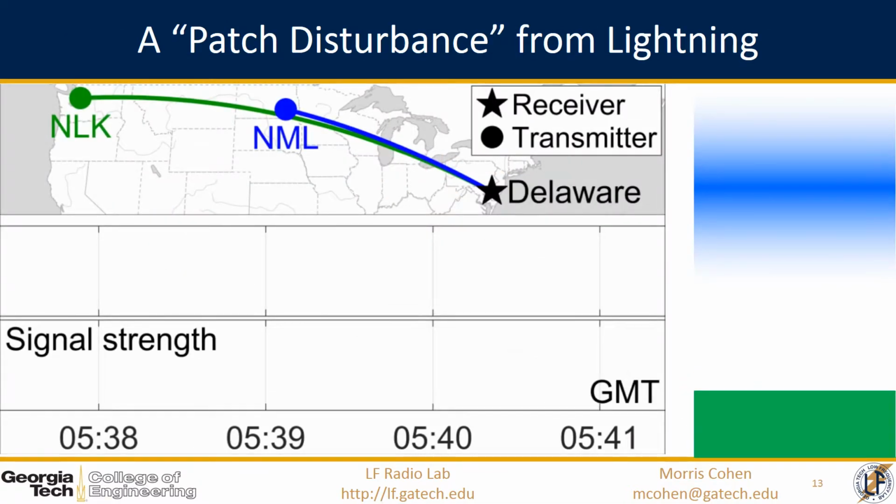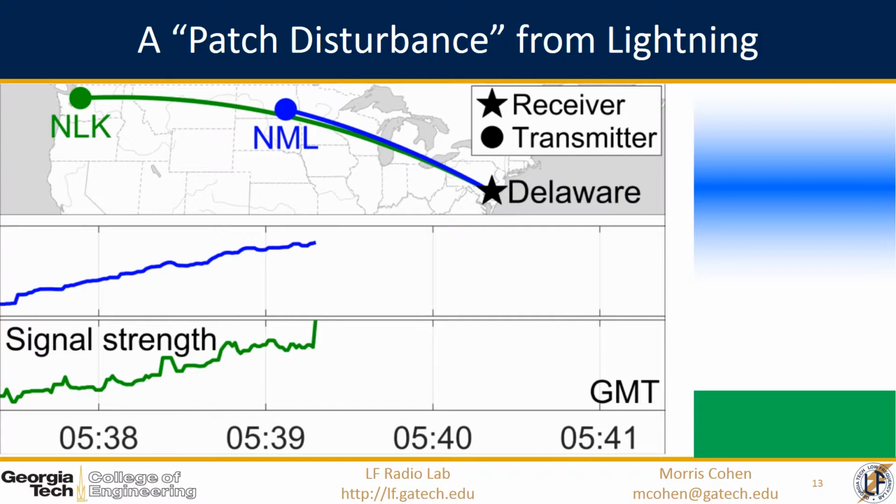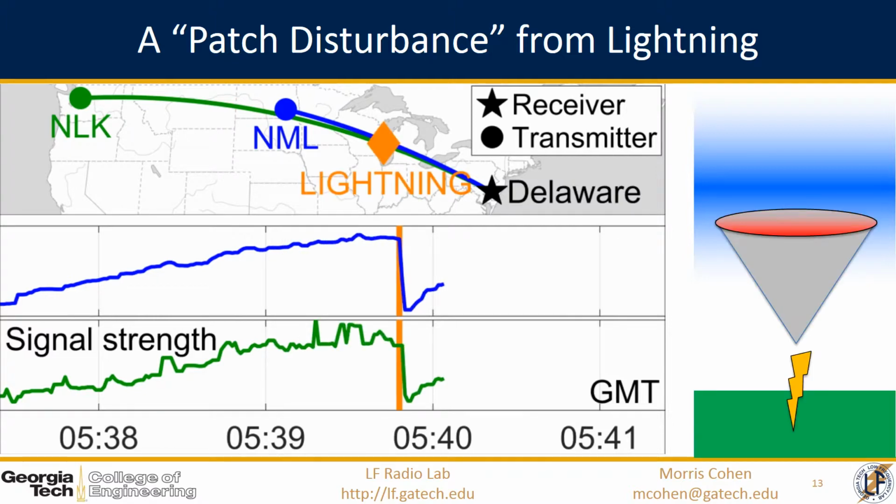So we know that this works because we've seen lightning do it. Here's an example. This is the signal from these two transmitters, NOK and NML, picked up again at this receiver in Delaware. On this particular day, there was a lightning stroke that happened basically along that path. I'll play this video one more time so you can see that the moment that this lightning stroke happened, there was a very sudden disturbance in the signal strength, and then a gradual recovery over some tens of seconds, driven by the chemistry of the gas in the upper atmosphere.